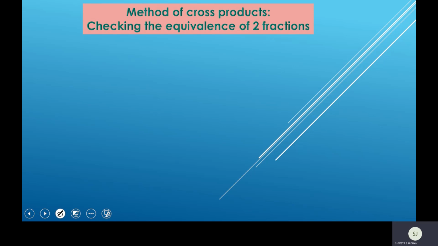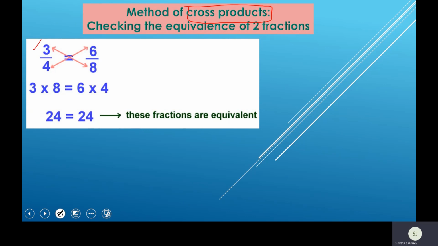And here, if we have to check whether the given fractional numbers are equivalent or not, there is one method for this, which is called the cross product method. It's very easy. When we have two fractional numbers, for example 3 by 4 and 6 by 8, we have to find out whether these two are equivalent fractions or not. We multiply the numerator of the first fraction with the denominator of the next fraction, and vice versa.